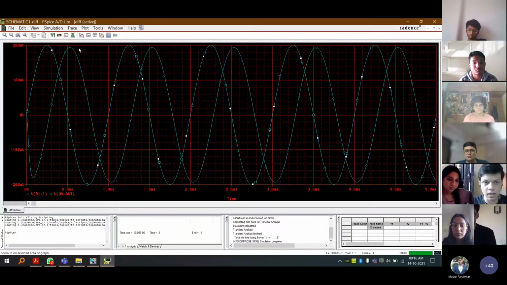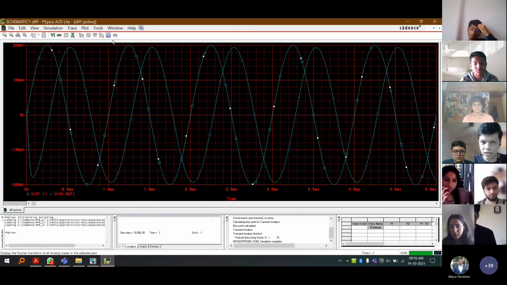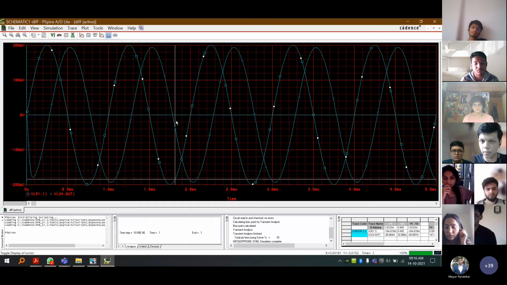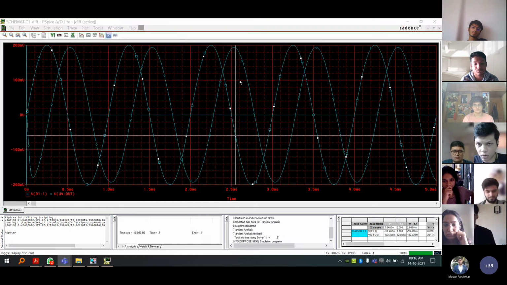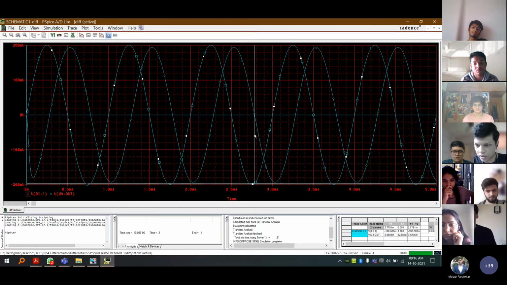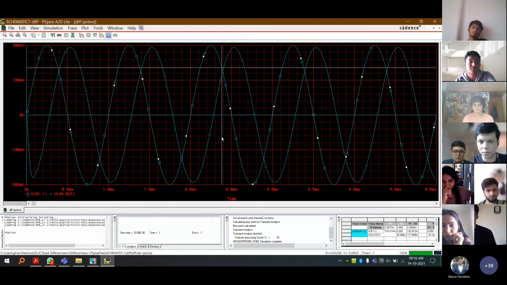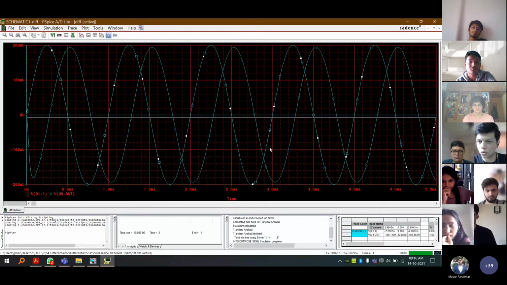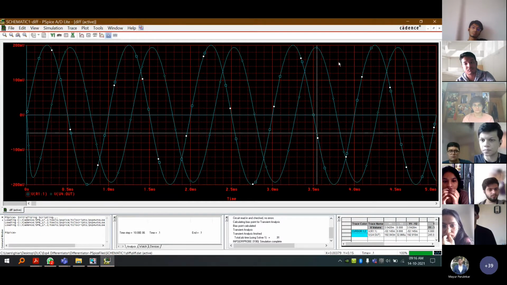First, it allows you to toggle the cursor button. When I click on screen, it gives me this cursor through which I can actually measure my voltages rather easily. And you can see at the bottom right here that as I move, the X and Y values change. And there are two X and Y values being plotted because we have two voltages that are being plotted. So this is just something that I wanted to show you guys.